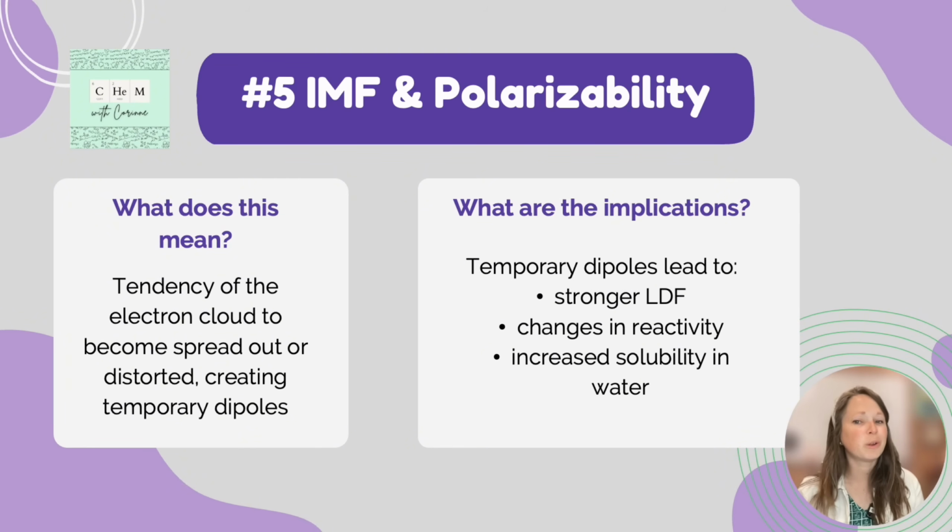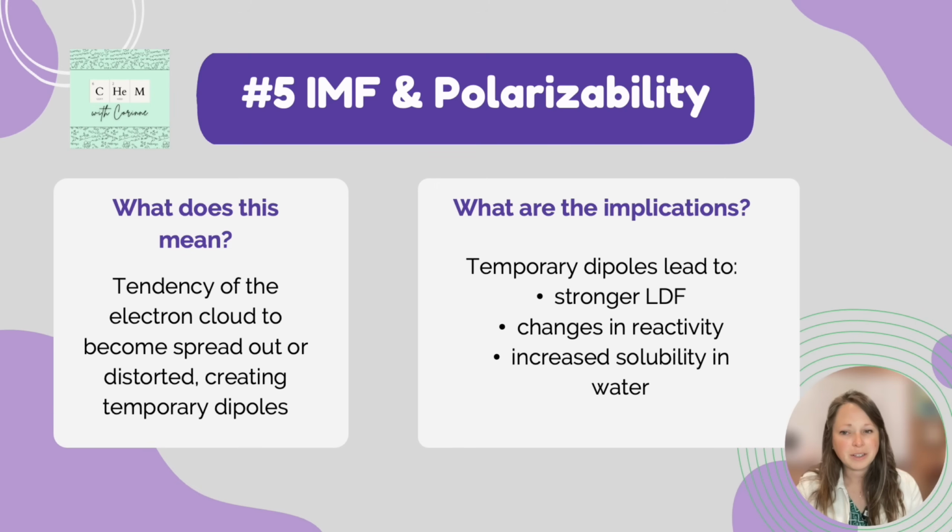That is a more polarizable electron cloud. When I have 55 electrons congregating together to create that partial negative, leaving that partial positive, there's going to be a much bigger difference in those two dipoles. So the larger the molecule, the more electrons it has, the stronger its LDF.